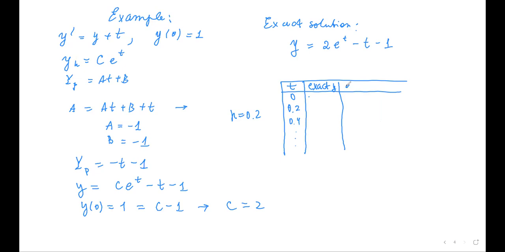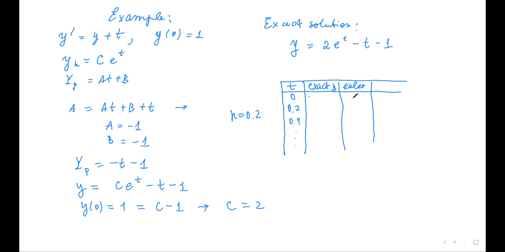For the Euler solution, that's just the simple formula, right?